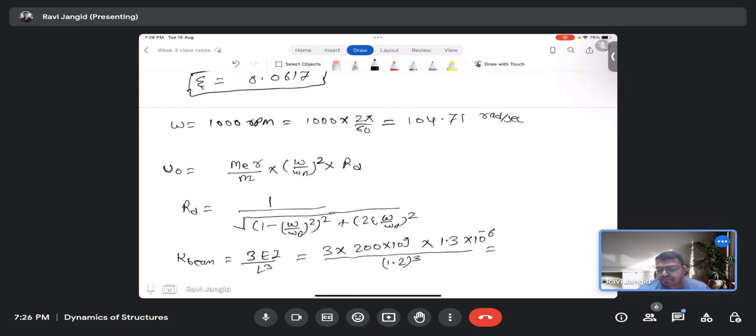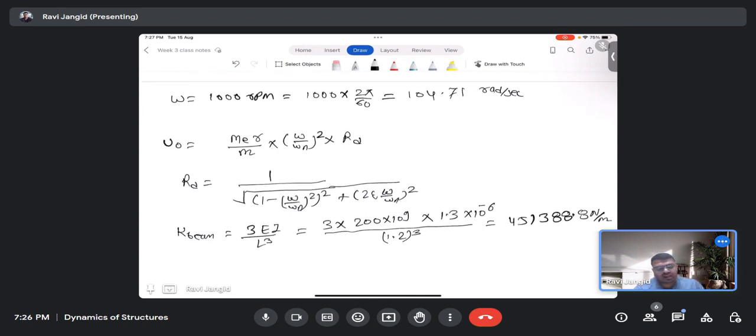Anyone with the K? 451,388.8 Newton per meter. And you have the mass of 40 kg.